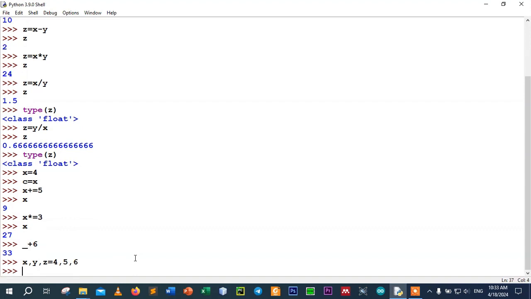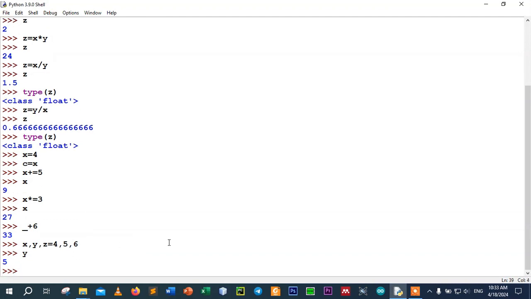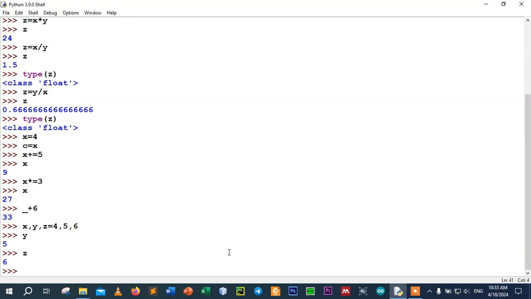Let me test y. The value of y should be 5 now. This is 5. What about z? This is 6. This is the assignment operator.